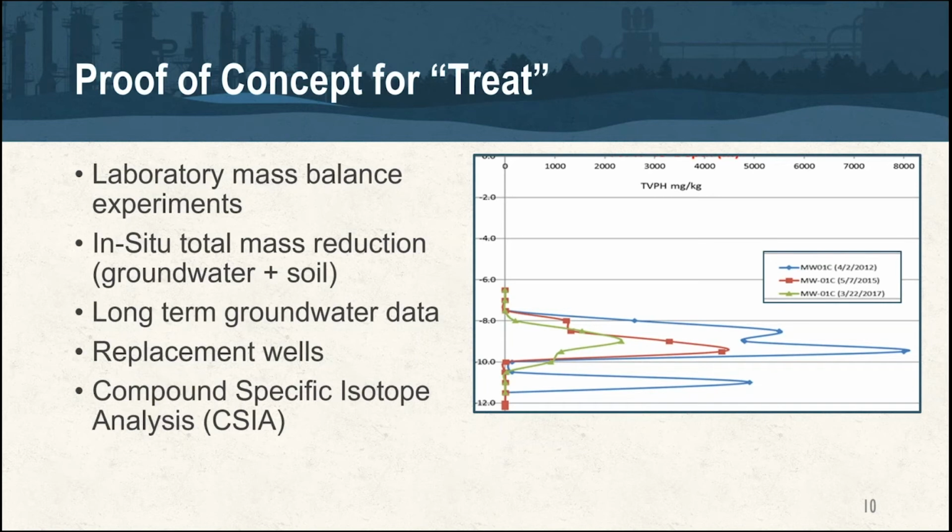And so if you have these kind of concentrations and excavation's not an option, I mean, if time is critical, maybe something else makes sense. But if you've got time, we've got enough data to support that we can be effective in soil reductions over time.